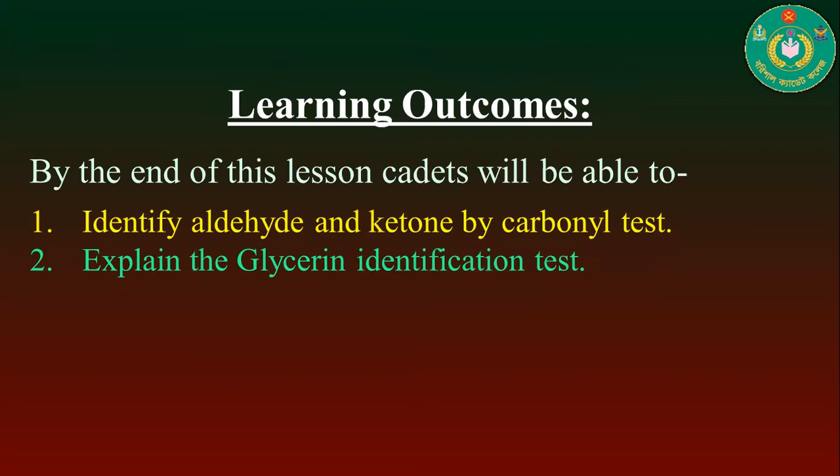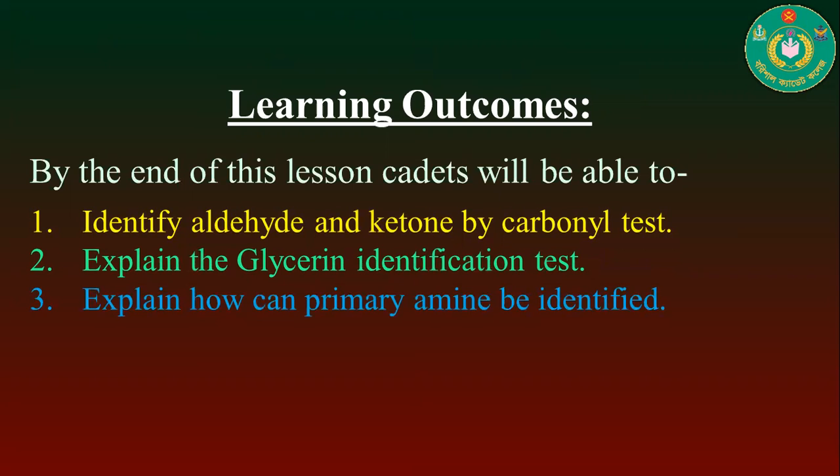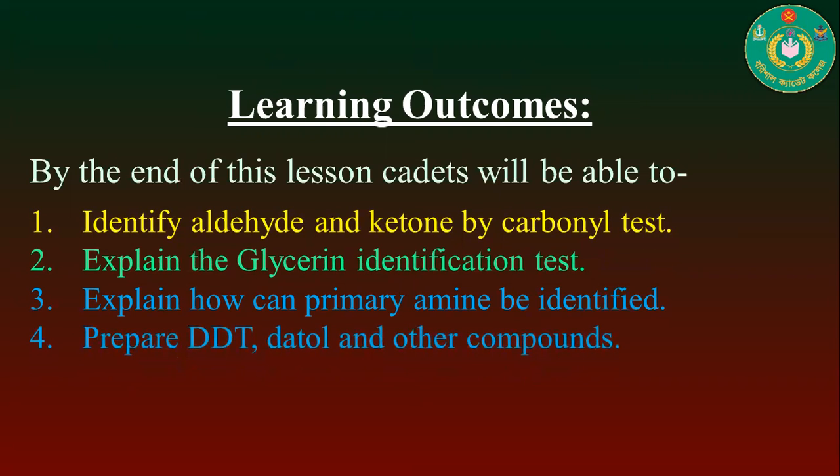You will be able to explain the glycerin identification test, explain how a primary amine can be identified, and you'll be able to prepare DDT, Dettol, and other organic compounds related to your lesson.